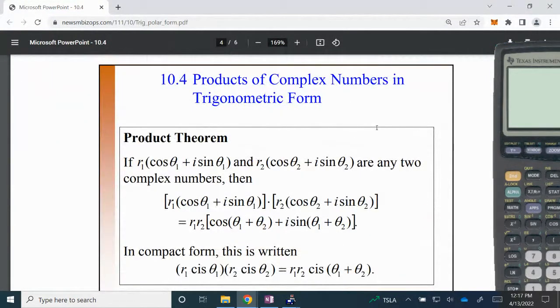Okay, here's the product rule. If we're asked to multiply complex numbers in trig form, here's the formula.